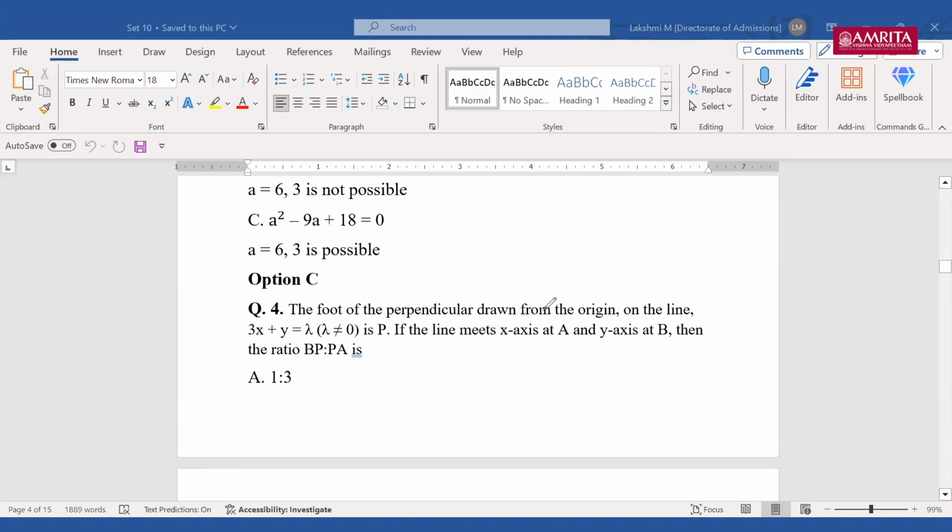The foot of the perpendicular drawn from the origin on the line 3x plus y equal to lambda is P. If the line meets the x-axis at A and the y-axis at B, then the ratio of BP to PA is. I hope the question is visible to all of you. The options are 1:3, 3:1, 9:1, and 1:9. You can just start doing this question.